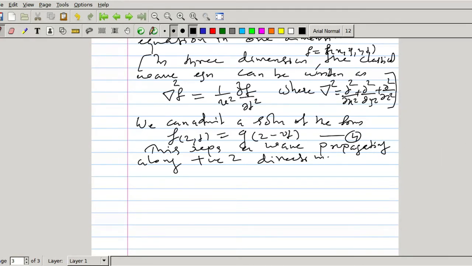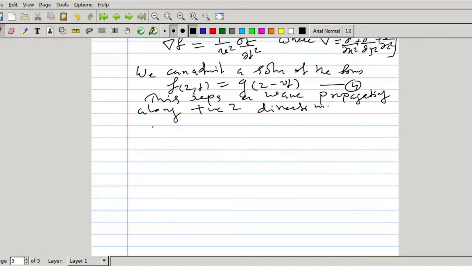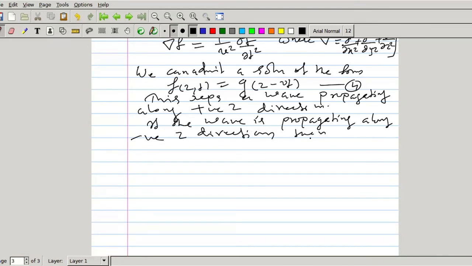If the wave is propagating along the negative z direction, then it can be represented by f(z,t) equal to, taking another function, let us take it as h, a function of, instead of z minus vt, v is replaced by minus v, so it will be z plus vt.